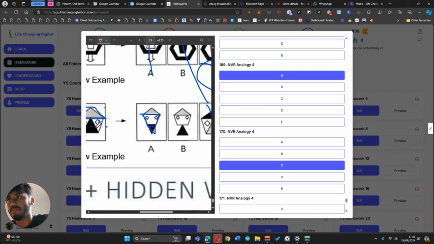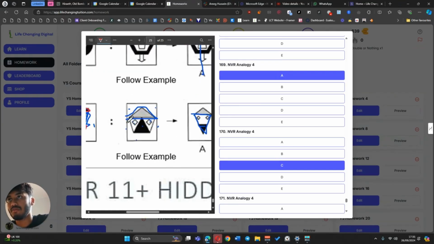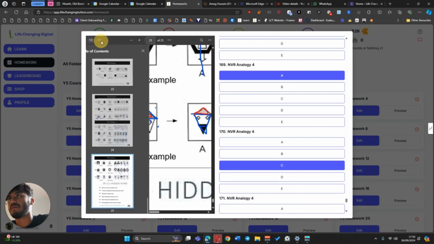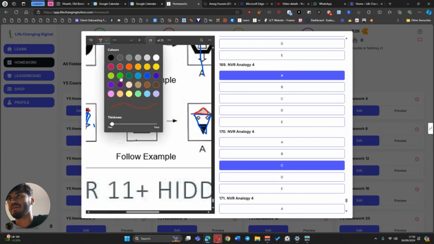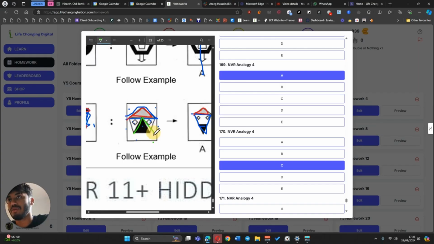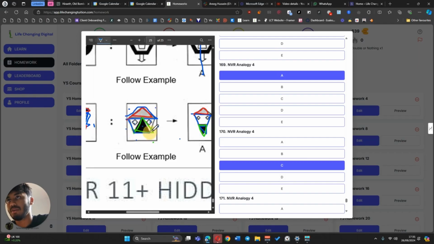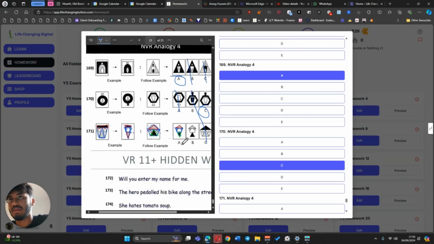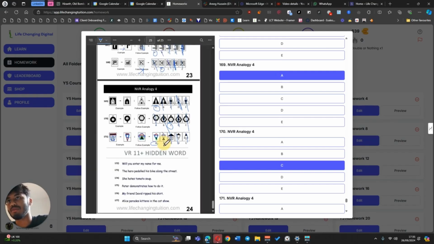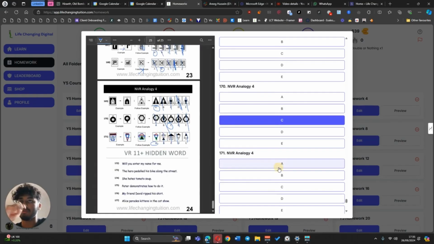So you're putting the triangle here, and then we're going to put this triangle to the bottom, and this outside shape, the white trapezium, you put it here. And there you go, you've got option A. It's a bit of a tricky one, but that seems to be the only one that works.